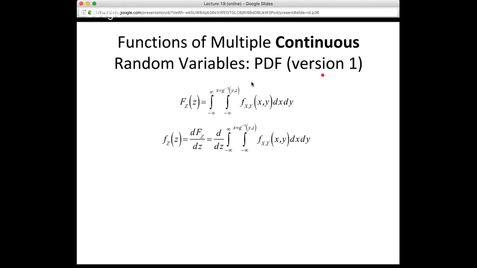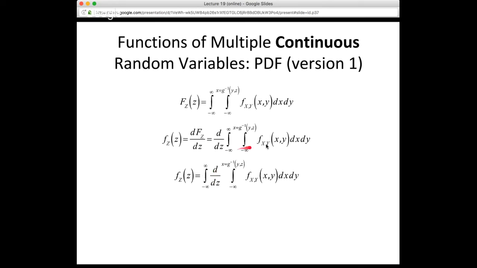Now I can calculate the corresponding PDF for the random variable Z by differentiating the CDF with respect to Z. So I differentiated both sides of this equation, and I've got the derivative here with respect to Z.